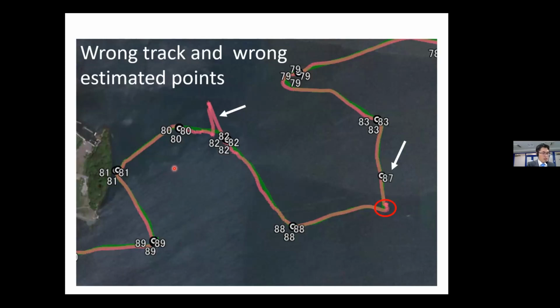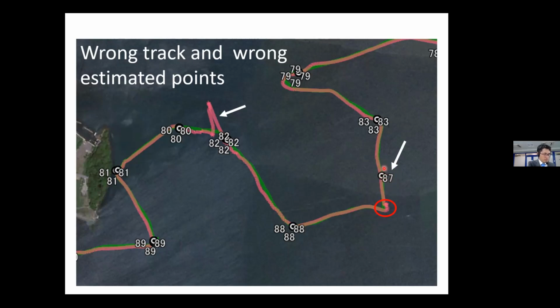This image shows the comparison of the accuracy of two GPS and the estimated observed point. First, as you can see, the GPS data is wrong. Sometimes it happens. Second, the time in the field note was wrong, so the actual point should be the corner of the track.